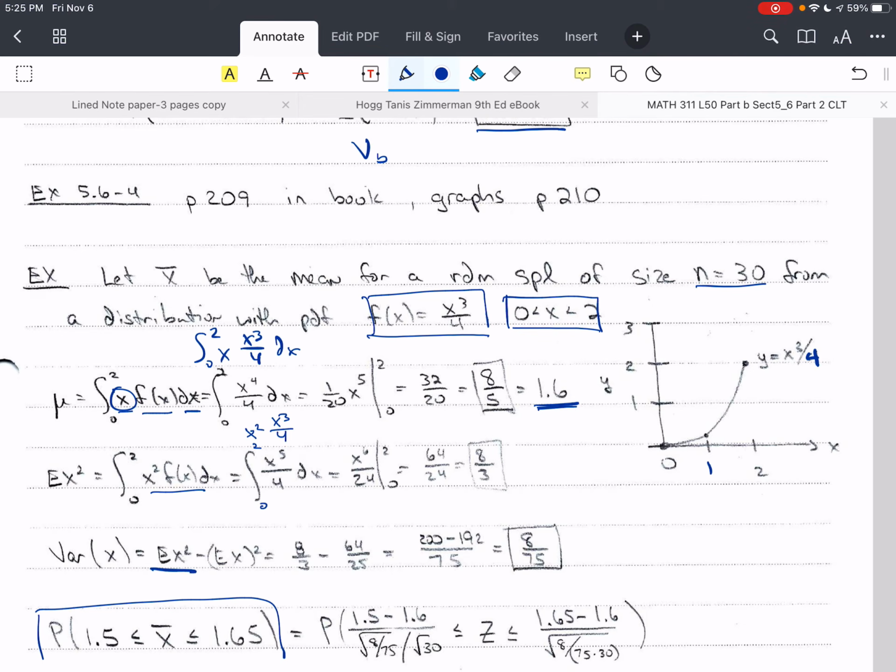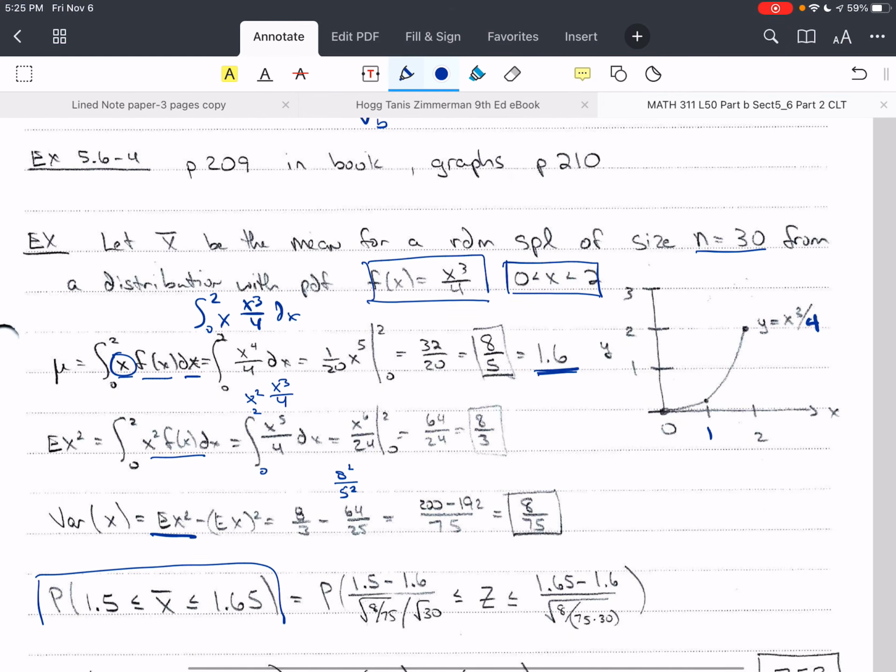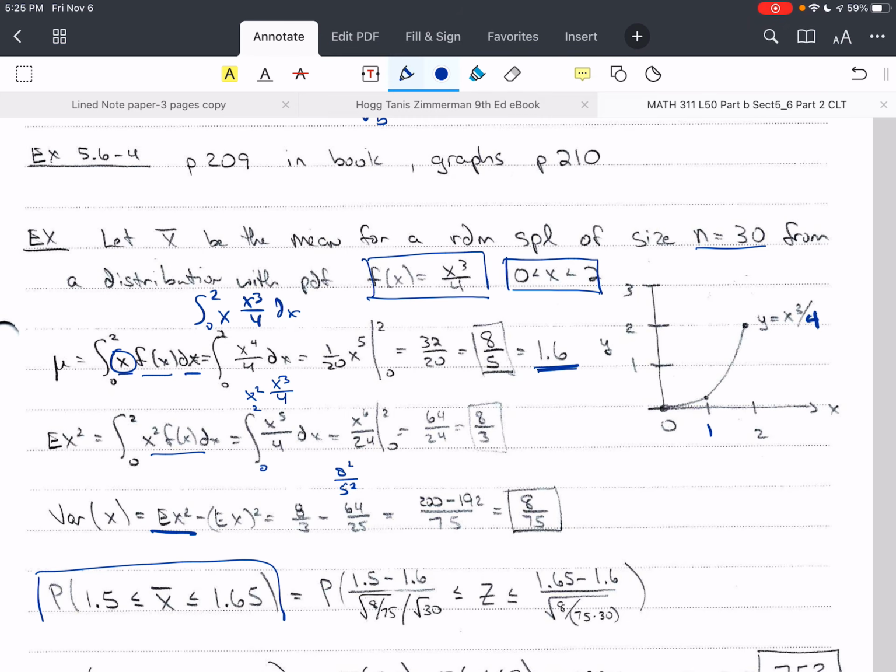So I have E of x squared minus E of x, quantity squared. So 8/3 minus 8/5 squared. So 8 squared is 64, 5 squared is 25. My common denominator is 75. I end up with 8 over 75. Okay, so 8 over 75, 8 divided by 75 is a repeating decimal.